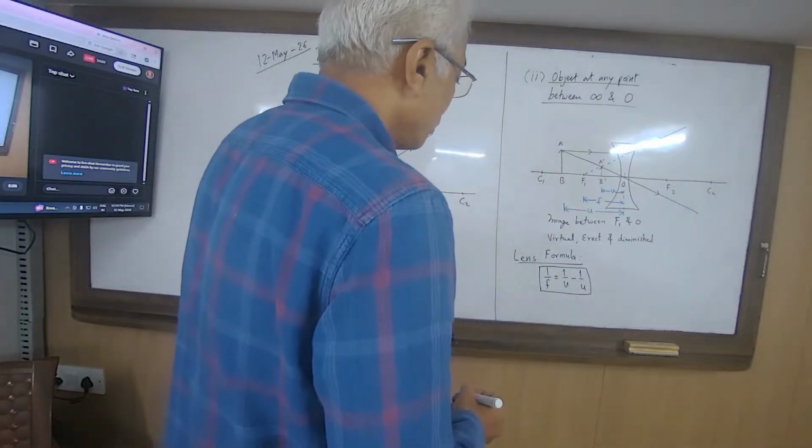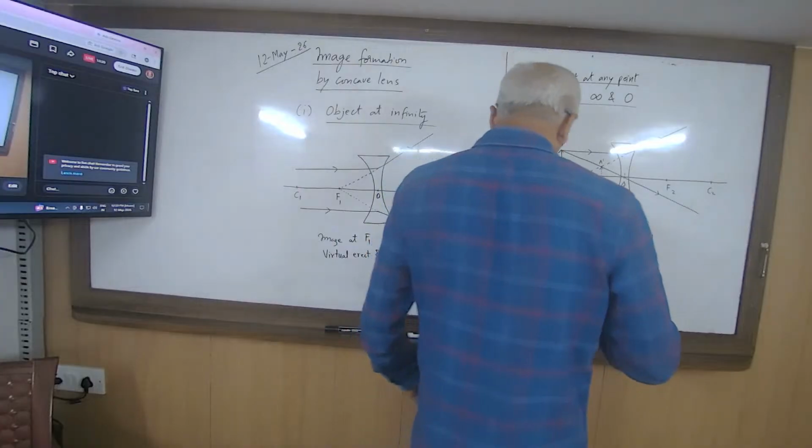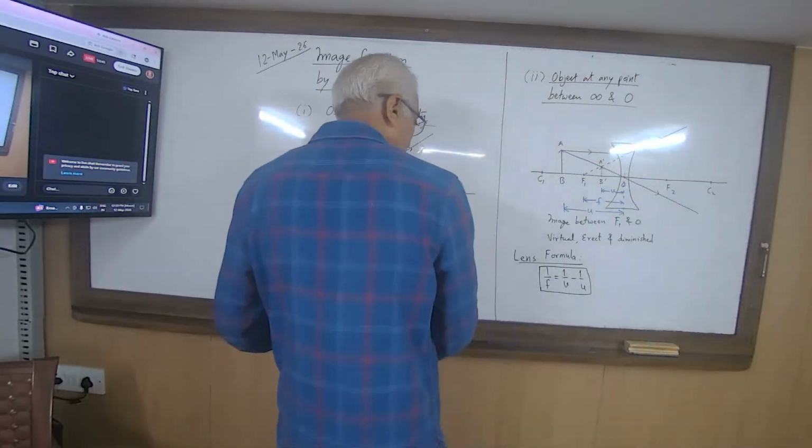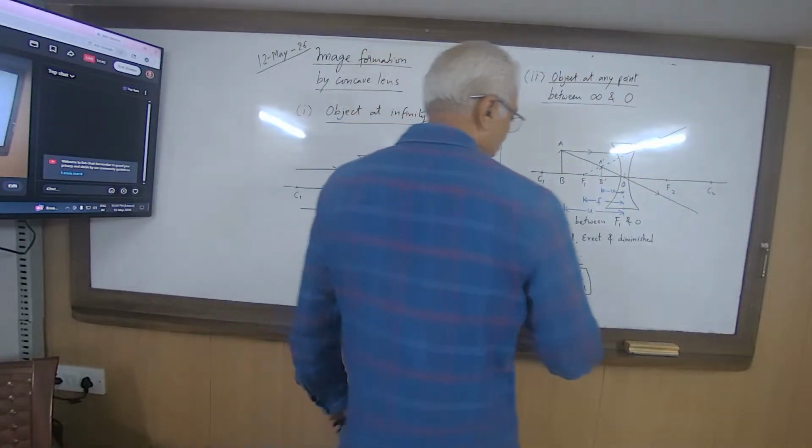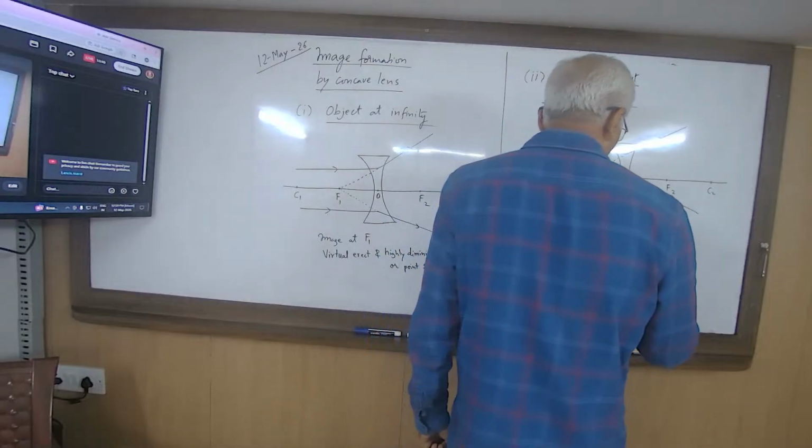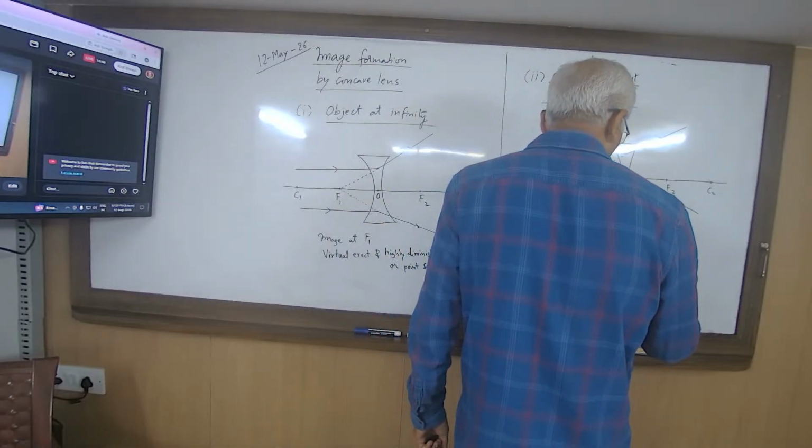So this is the lens formula. Then there is also the magnification formula. You have the linear magnification formula.